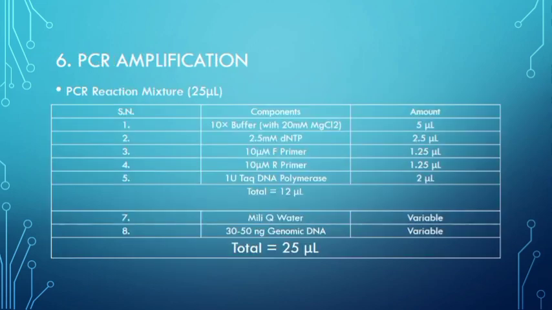So the sixth one is PCR amplification. After extracting the DNA, we amplify a region of our desired gene, either nuclear, mitochondrial, or plastid. A very popular gene we amplify for identifying species or making trees is ITS, which is a nuclear gene, and for plants we use rbcL and matK.